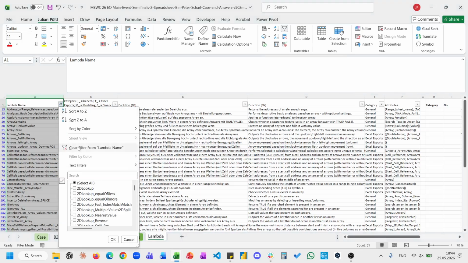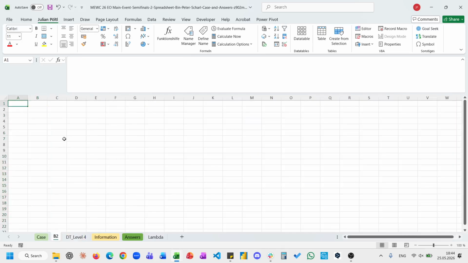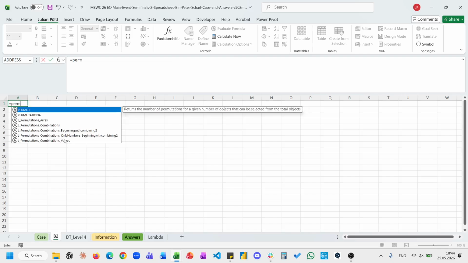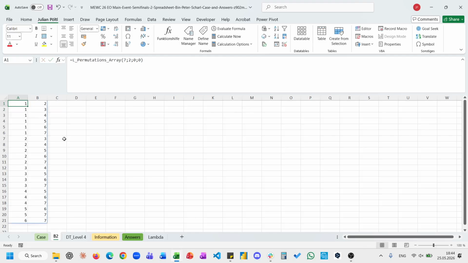I cannot find my lambda. It's a standard lambda used very often. Permutations array. Here we go. I hate the filter for in Excel. That's one of the things I want to propose to make a better filter. So here 21 combinations.